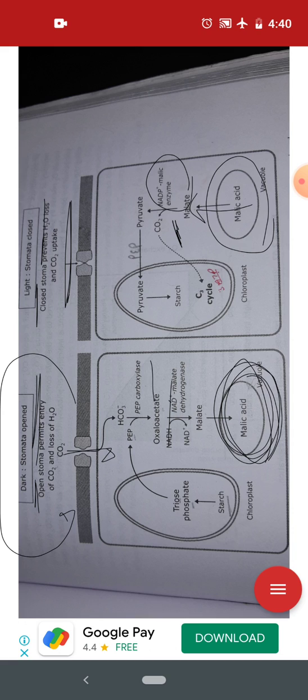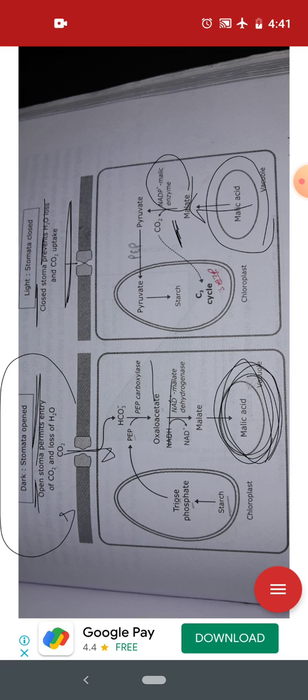Next difference is the optimum temperature for photosynthesis. For C3 plants, it is 15 to 25 degrees Celsius. In C4 plants, it is 30 to 40 degrees Celsius. And in CAM plants, it is less than 40 degrees Celsius.